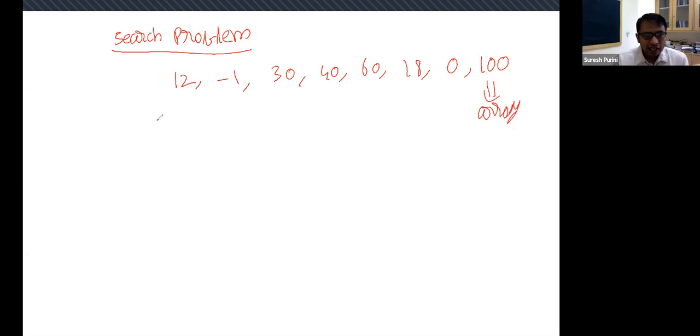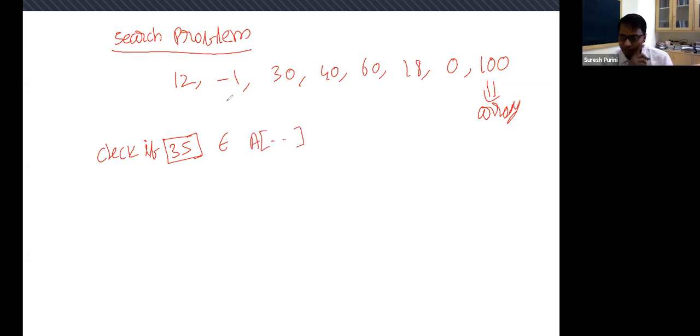And then we are given a new element, some number like 35, and we are asked to check if the element 35 belongs to this list. Let's call this array A, in which we have stored the numbers.